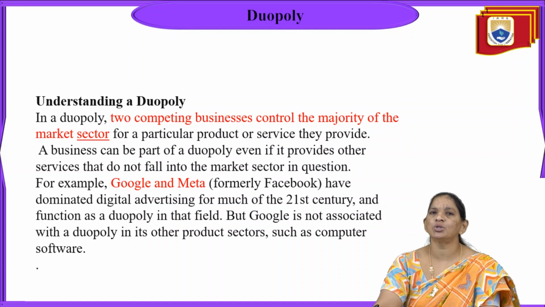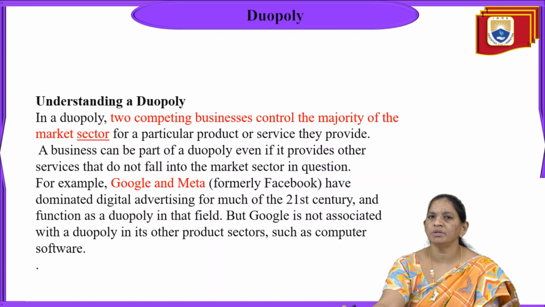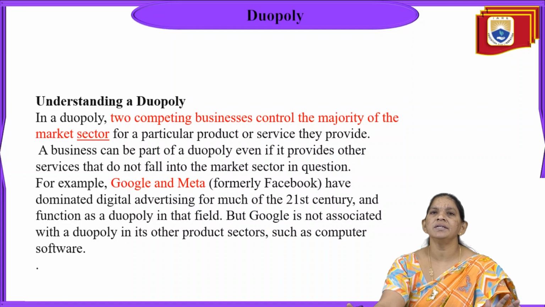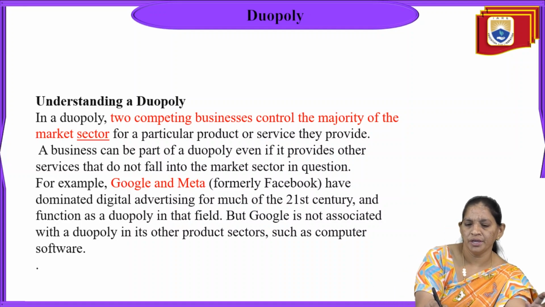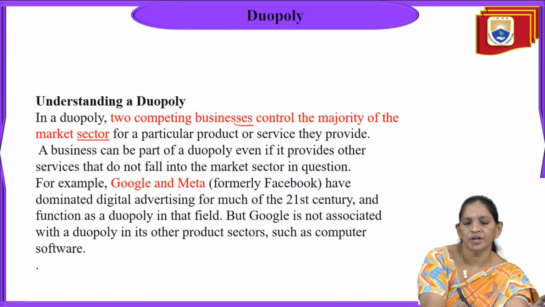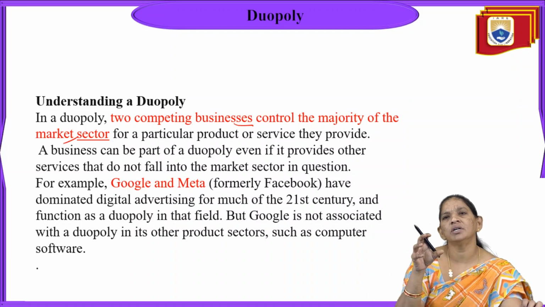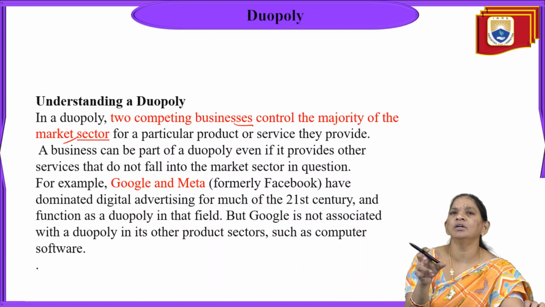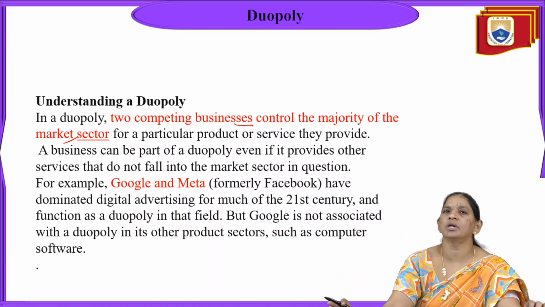duopoly market structures. Then we come to how we understand this competition of duopoly in business economics. These two companies or two people compete in business by controlling the majority of the market. That portion of the commodity or that particular good will be totally captured in the hands of these two companies.